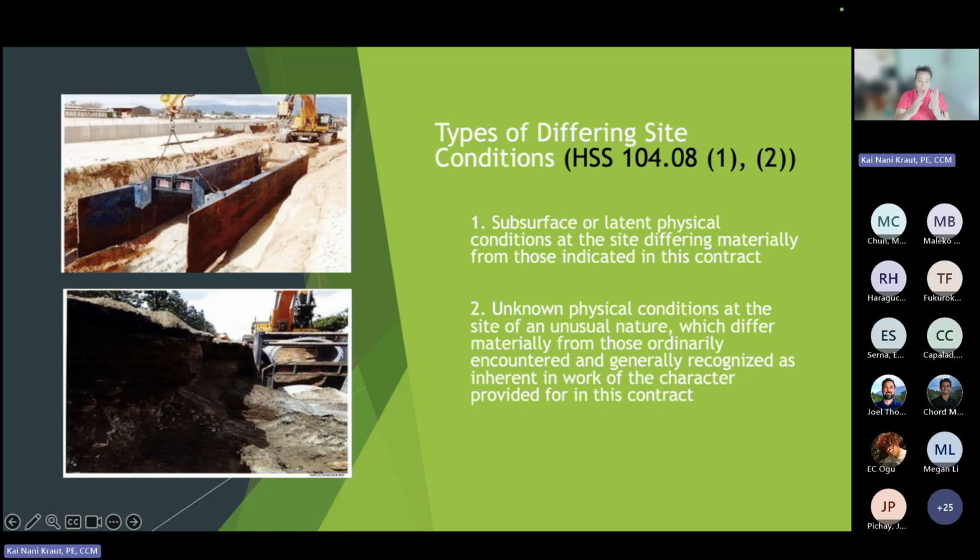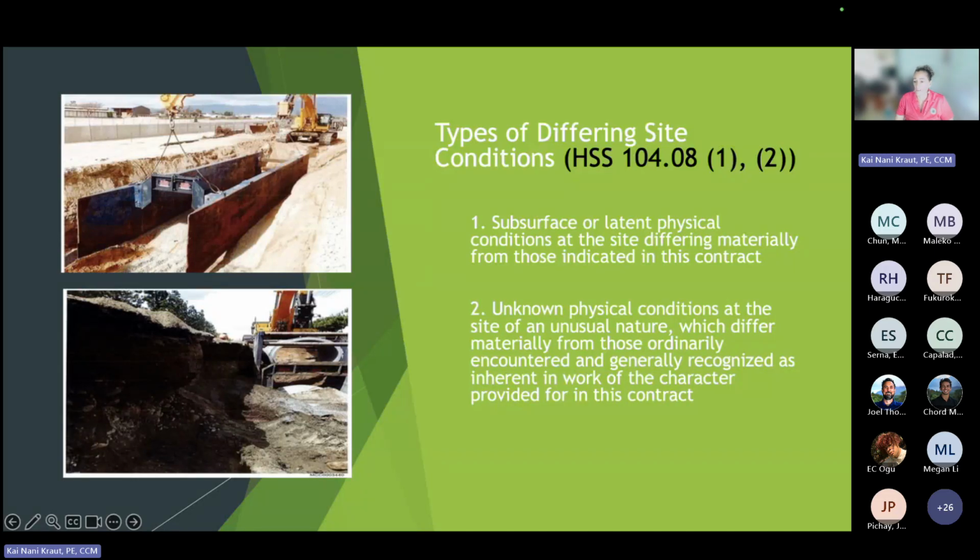So if a boring shows rock here, and for some reason the rock between the two, it makes sense that it should follow some kind of curvature. But if you can't extrapolate that from the drawings, it doesn't make sense. So it's that kind of evaluation that we go through with differing site.